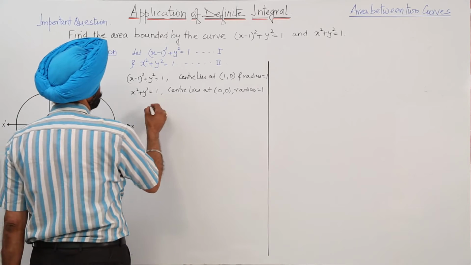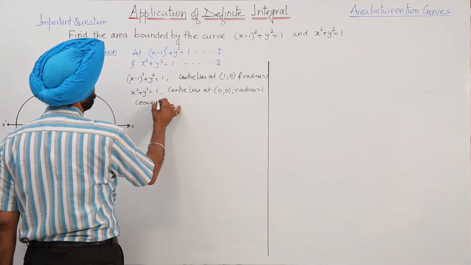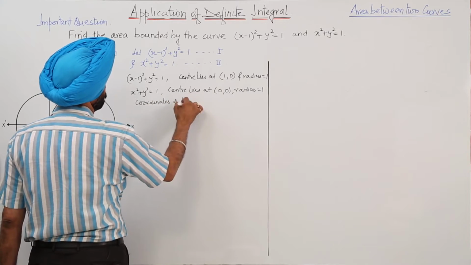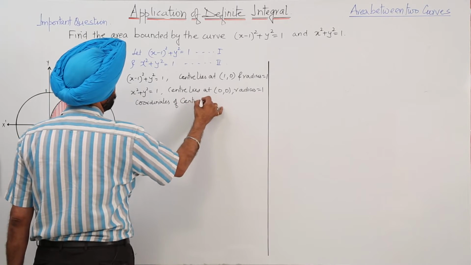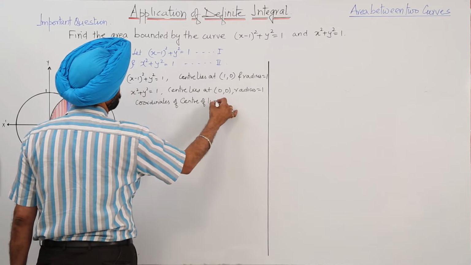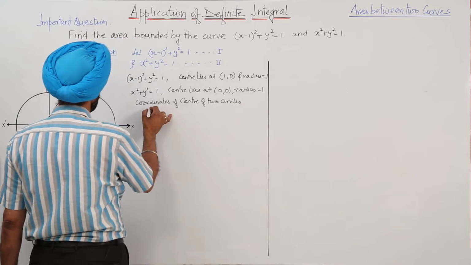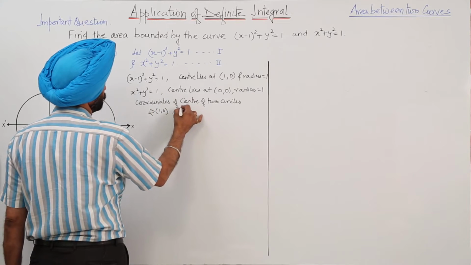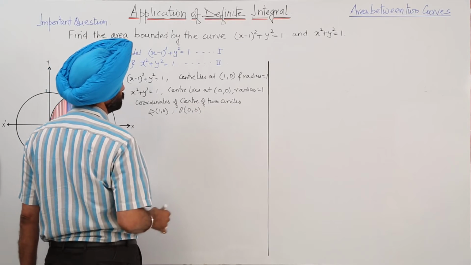So the coordinates of the centers of the two circles are D (1, 0) and O (0, 0).